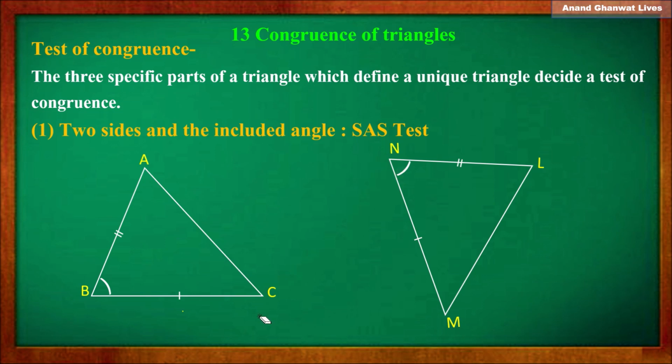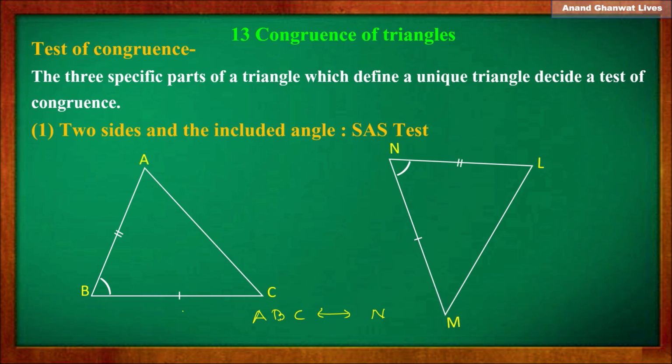Okay, let us write the one-to-one correspondence between these two congruent triangles. ABC one-to-one correspondence. So angle B is here. So angle B is congruent with angle N. So write N in the middle. Next, see this side BC is congruent with side MN.